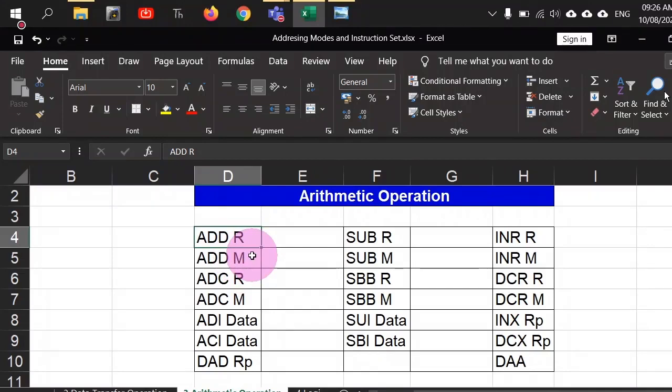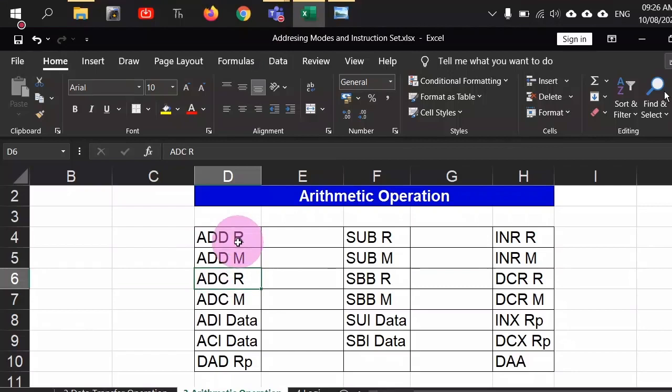Similar to these ADD R and ADD M commands, there are ADC R and ADC M commands. Let's talk about this ADC R command. It is similar to the ADD R command.